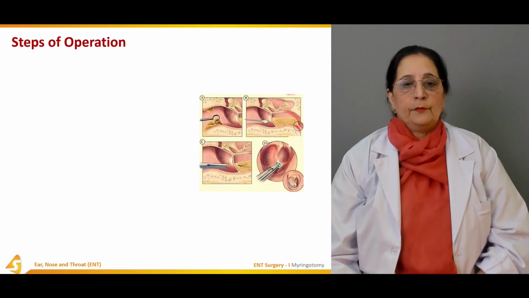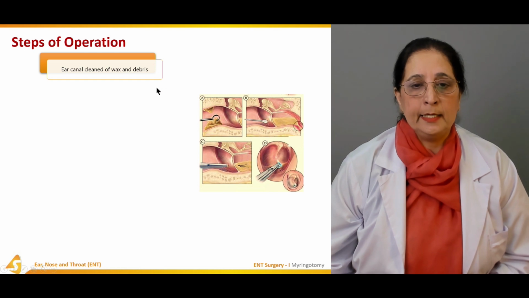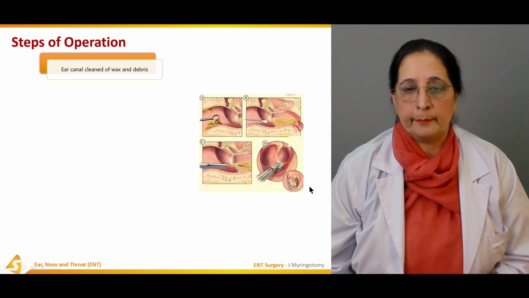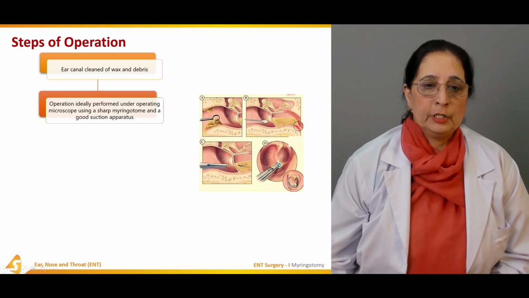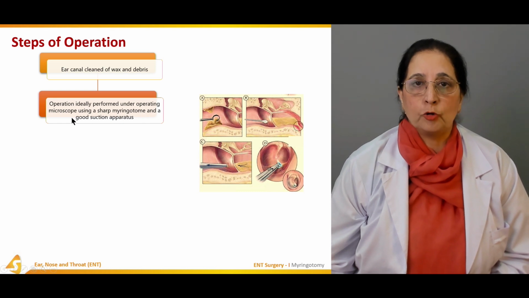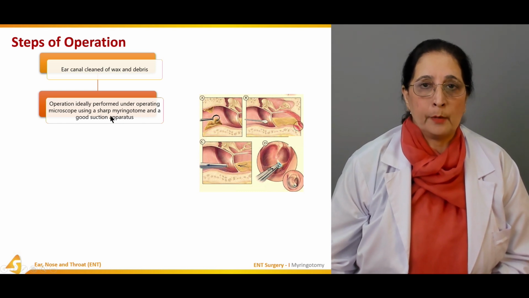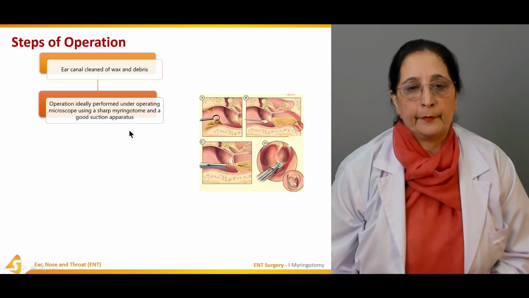Now the steps of the operation are: the ear canal is cleaned of wax and any debris. The operation is ideally performed under an operating microscope using a sharp myringotome and a good suction apparatus.